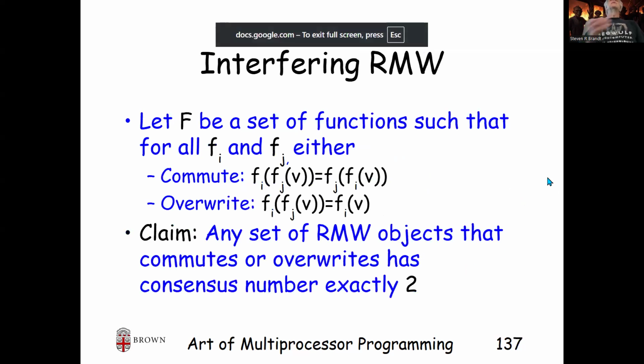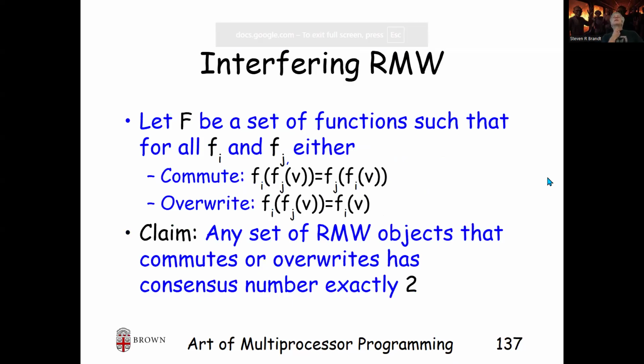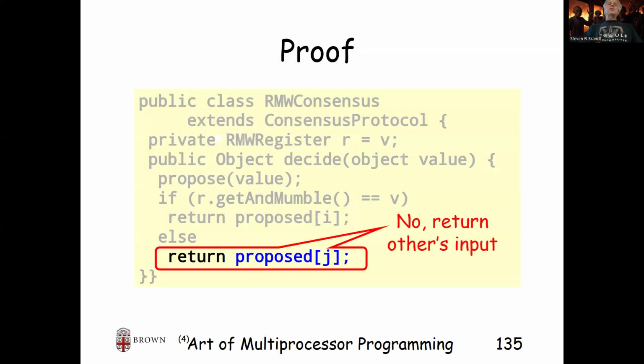Okay. So here we're thinking about various synchronization mechanisms, and we said any non-trivial one is going to give us consensus number 2, right? But we probably want something better than consensus number 2.